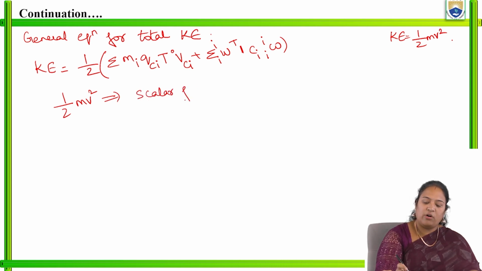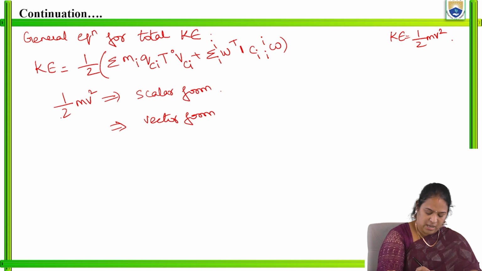For a scalar form, we consider the kinetic energy as half mv squared, whereas in the vector form, it is half vᵀmv.